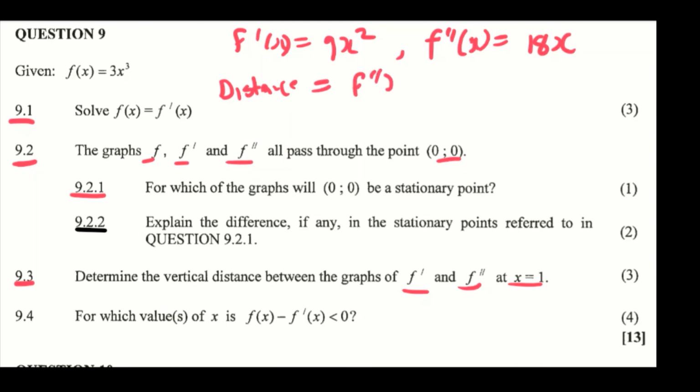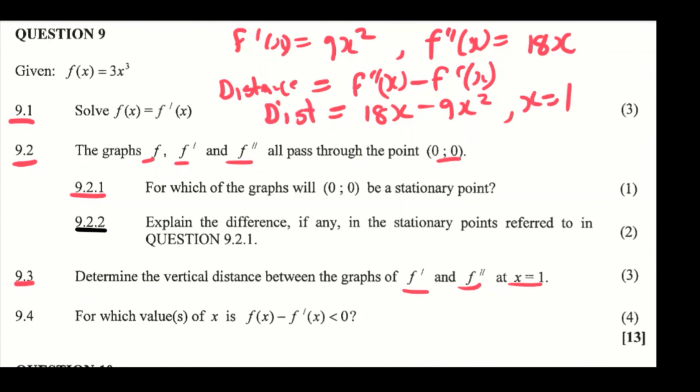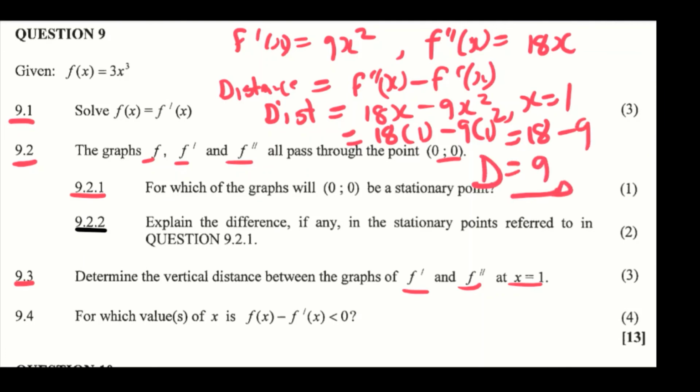So it's f prime prime minus f prime, right? So it's 18x minus 9x squared, of which x is equal to 1. So the distance is equal to 18 into 1 minus 9 into 1 squared. So it's equal to 18 minus 9, which is equal to 9. So that is the distance, d.